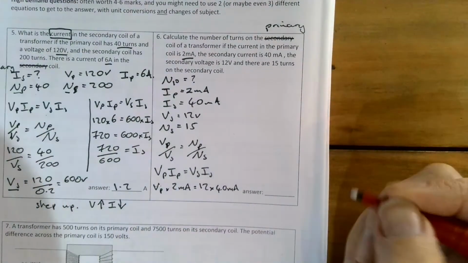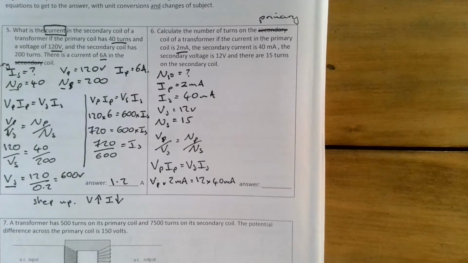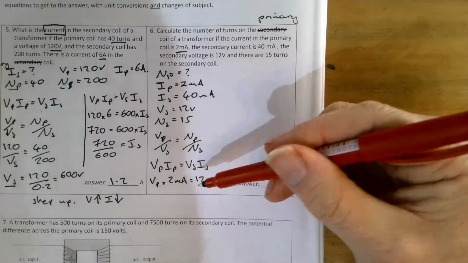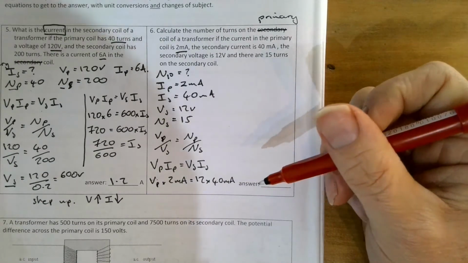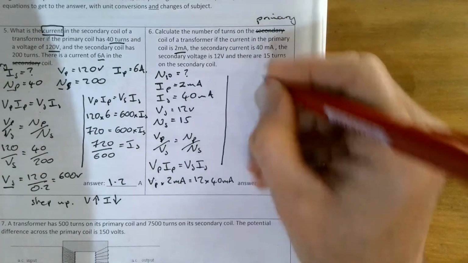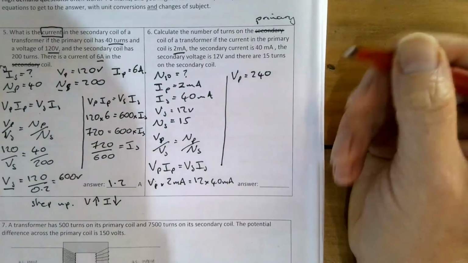So that will give us an answer of 240 volts. So VP is equal to 240 volts.